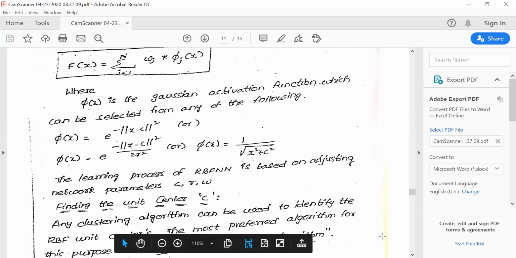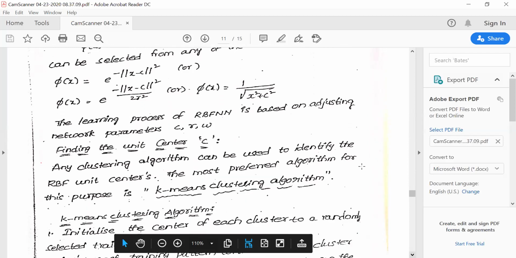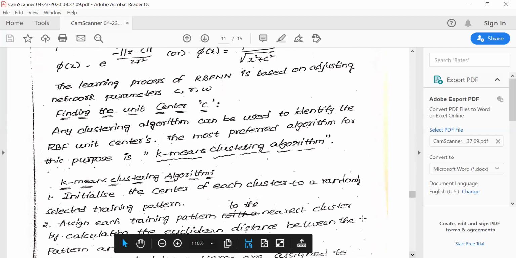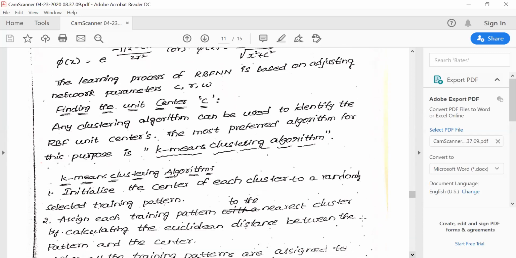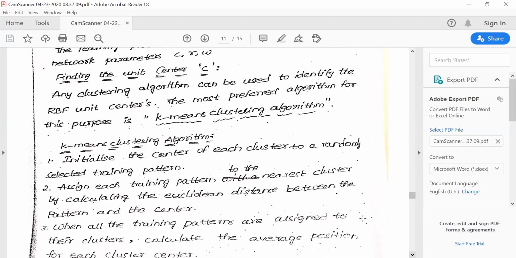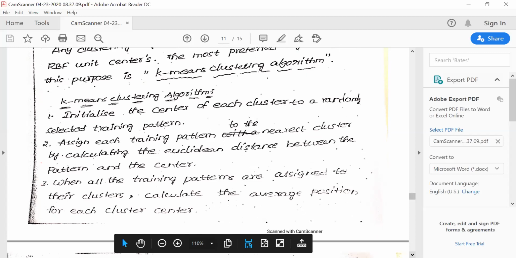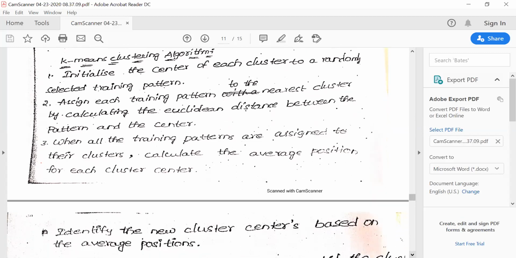And once you identify it, you can see that in every formula there are C and R terms. C is the center and R is the width, the number of nearby values you need to consider. So for finding the center C, you can use the k-means clustering algorithm. The list of steps is also given over there. I think you read that in data mining also. The same algorithm is used here.